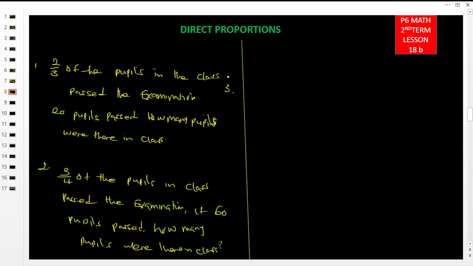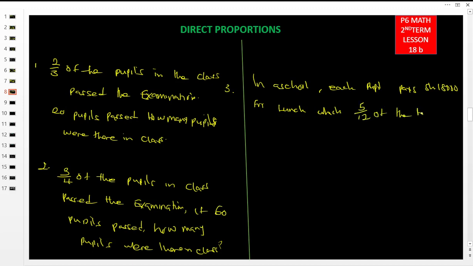Then let us get another one here. In a school, each pupil pays 18,000 for lunch, which is 5 parts out of 12 of the total school fees.